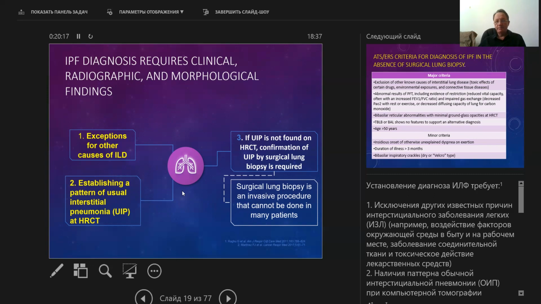If the pattern of usual interstitial pneumonia is not found on high resolution CT scan, we have no confirmation. This patient should be directed to surgical lung biopsy. By the way, you should know that surgical lung biopsy is an invasive procedure that cannot be done in many patients.